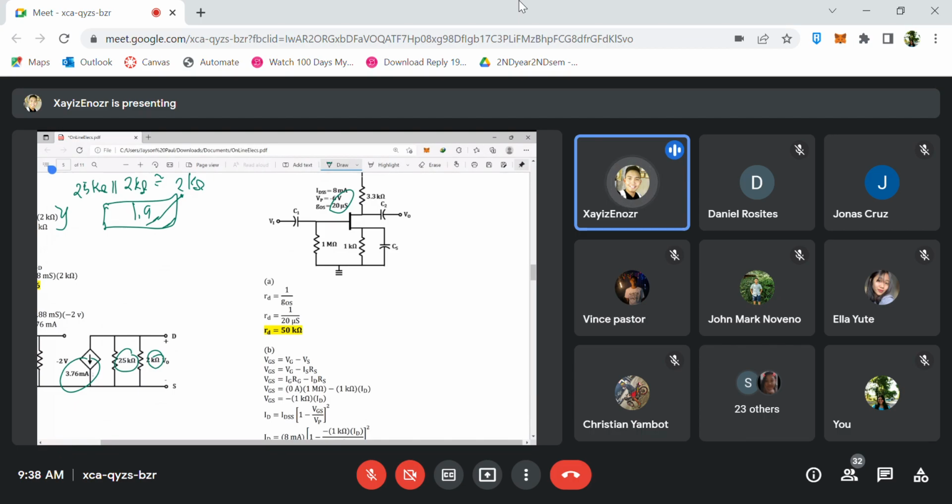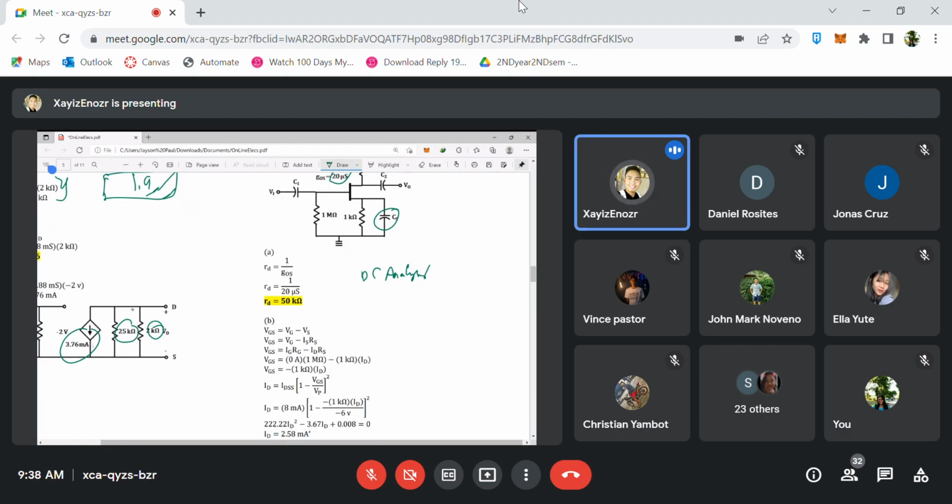Sa paghanap ng VGS, we are doing yung DC analysis. Therefore, hindi pa ito shorted, kaya i-consider pa natin na hindi shorted si 1 kilo ohms. So therefore, VGS is equal to VG minus VS, so VG minus ISRS.